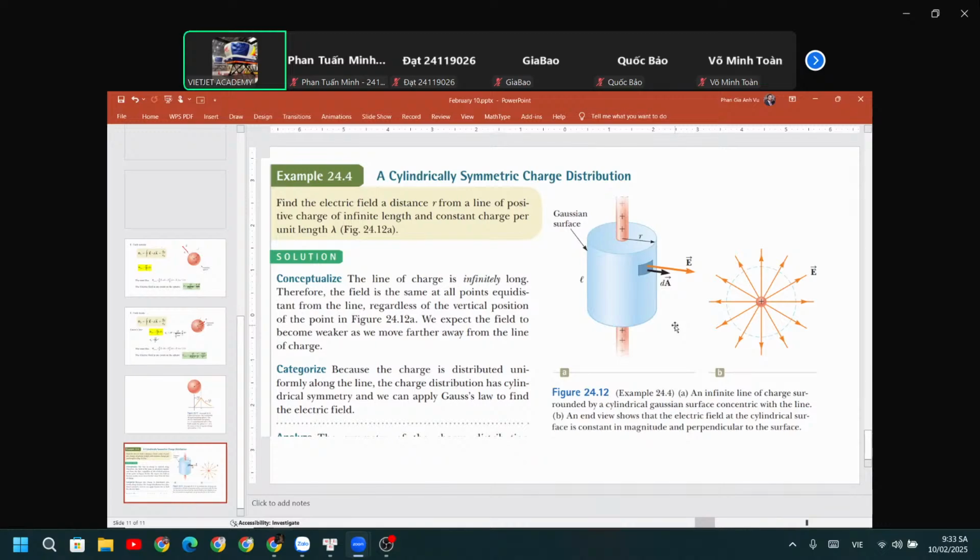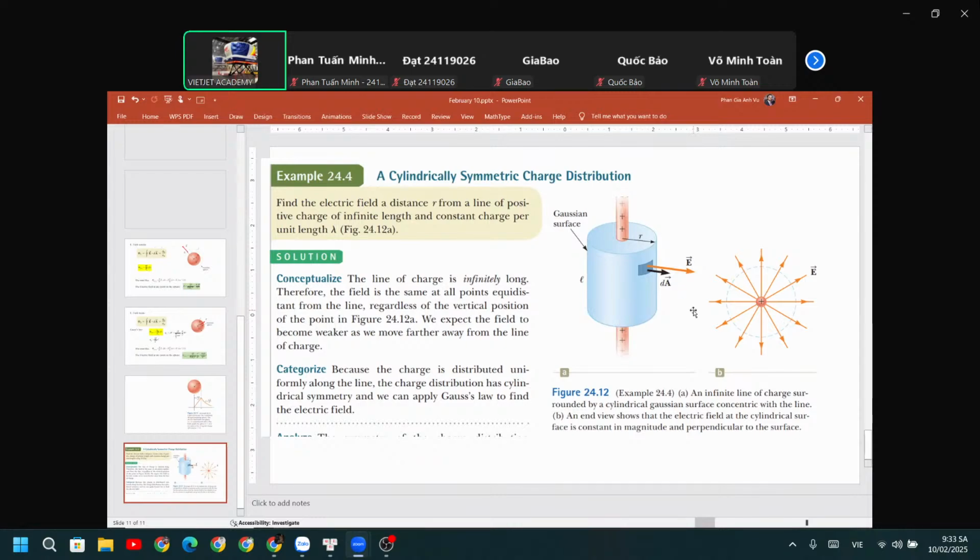radial again. It means everywhere outside of the line here, the electric field is perpendicular to the line. Why? Because the line is very long. So at any point on the line, we can assume that this is the midpoint of the line.